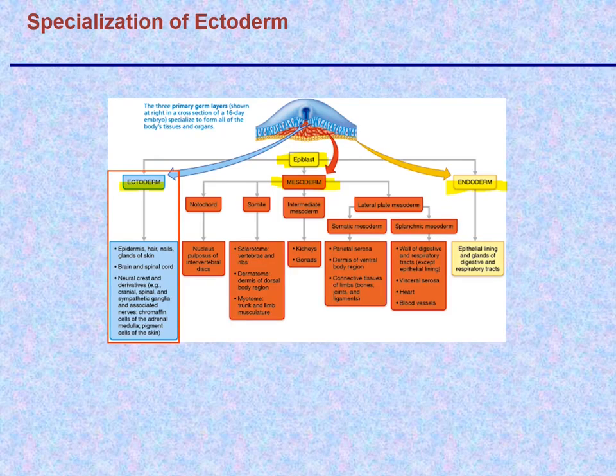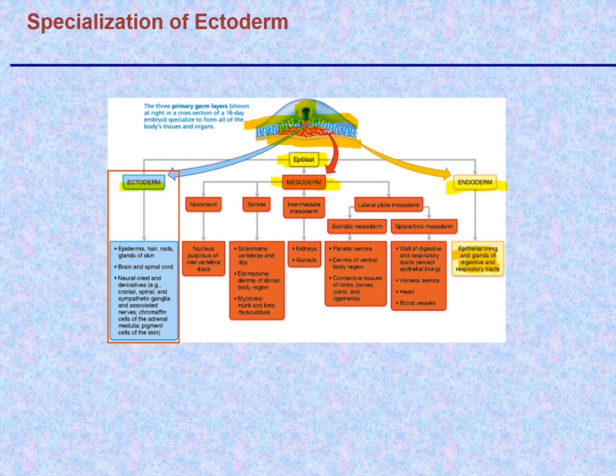And here you see in the diagram at the very top, you see the primitive streak and the three layers, the endoderm at the bottom, the ectoderm across the top in blue, and in the middle the mesoderm. Endoderm again will lead to epithelial linings of digestive, respiratory tracts and urogenital tract, also any glands associated with those.